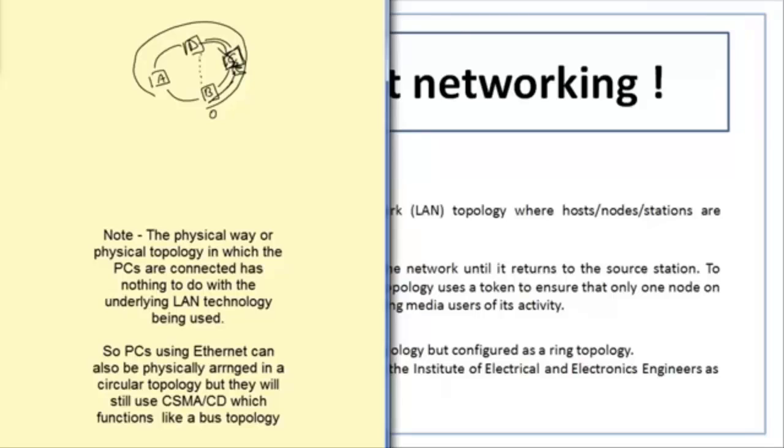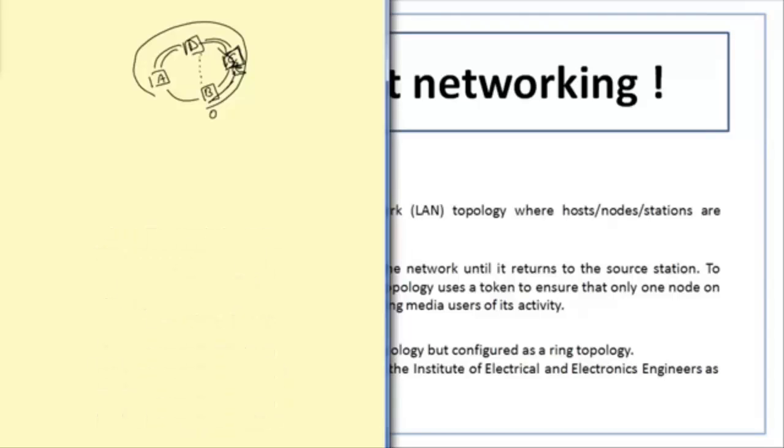It accepts the data and then passes the token on to A. A again sees the token and sees that there is nothing meant for it, and then passes the token on to B. Now B sees the token and comes to know that whatever information it sent to D has been received by D. So that is how it works.